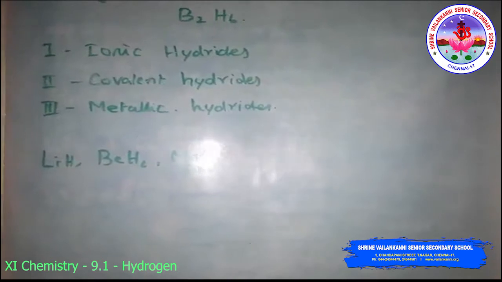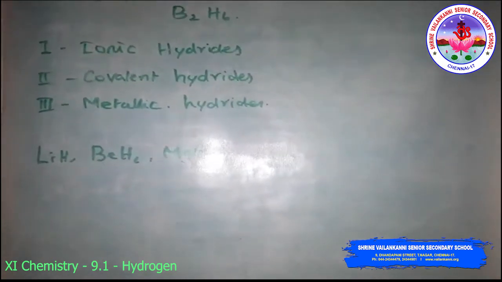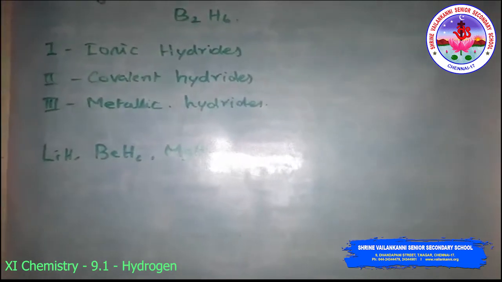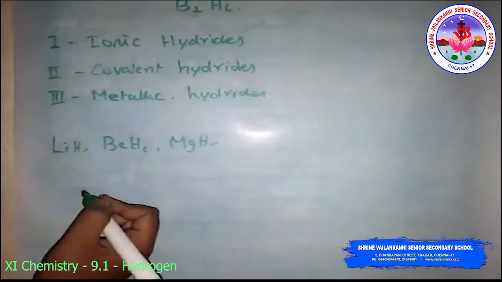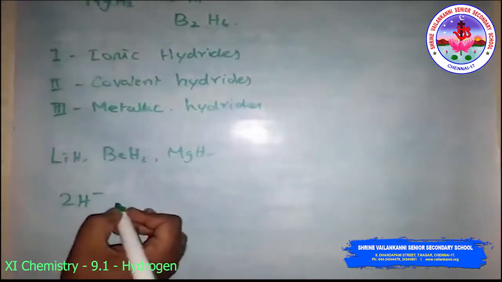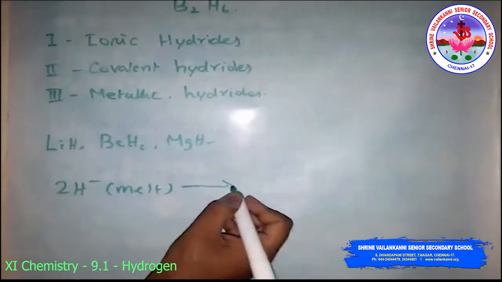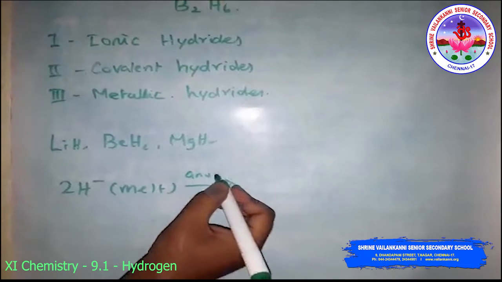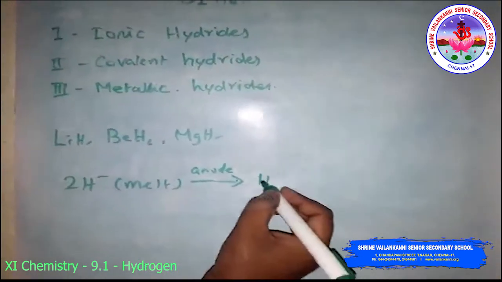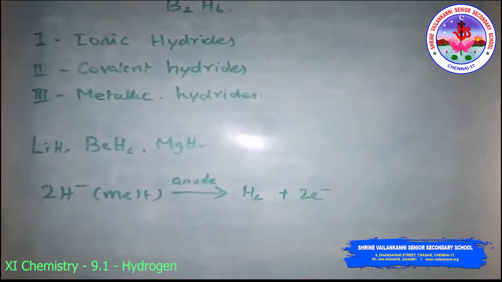However, in the molten state they conduct electricity, and on electrolysis liberate hydrogen gas at the anode, which confirms the existence of the hydride ion, 2H minus, in the melt. At the anode, 2H minus gives hydrogen and 2 electrons, because anode means loss of electrons.